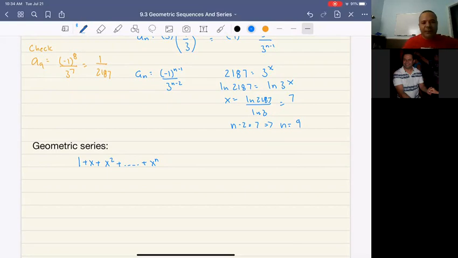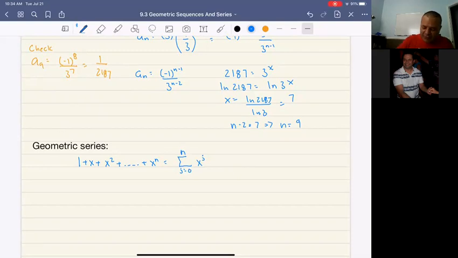First, it can be written in summation notation. Let's write j goes from 0 to n of x to the j.